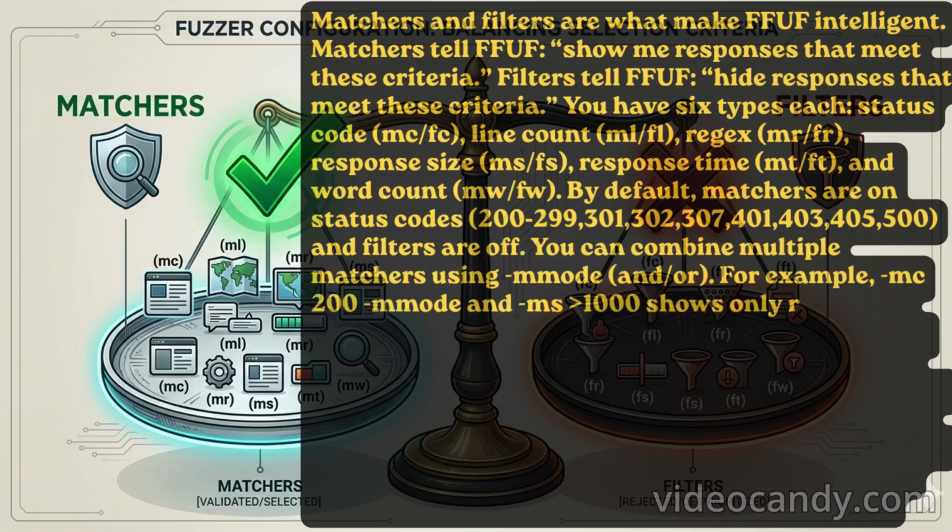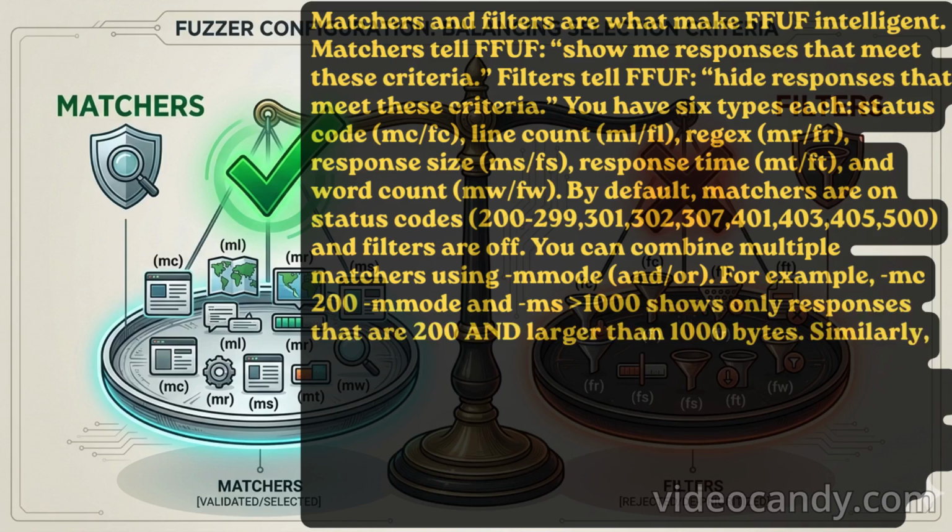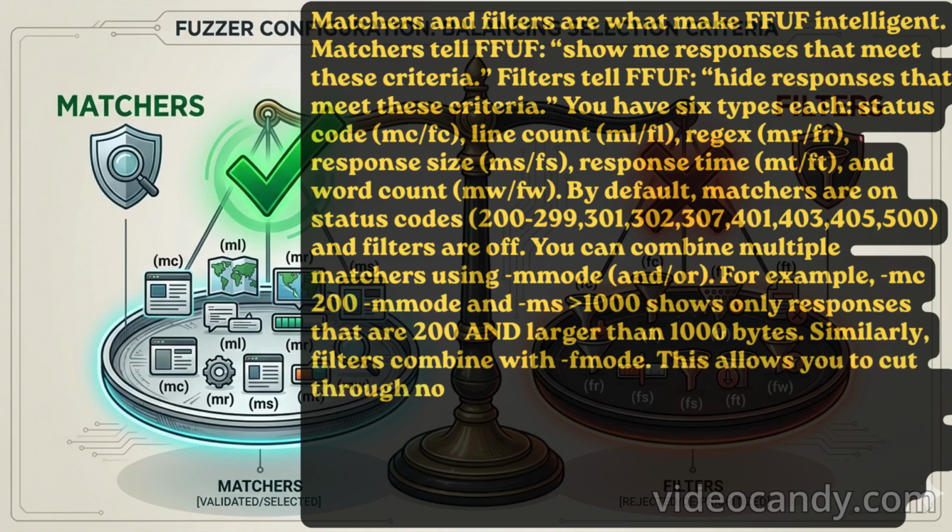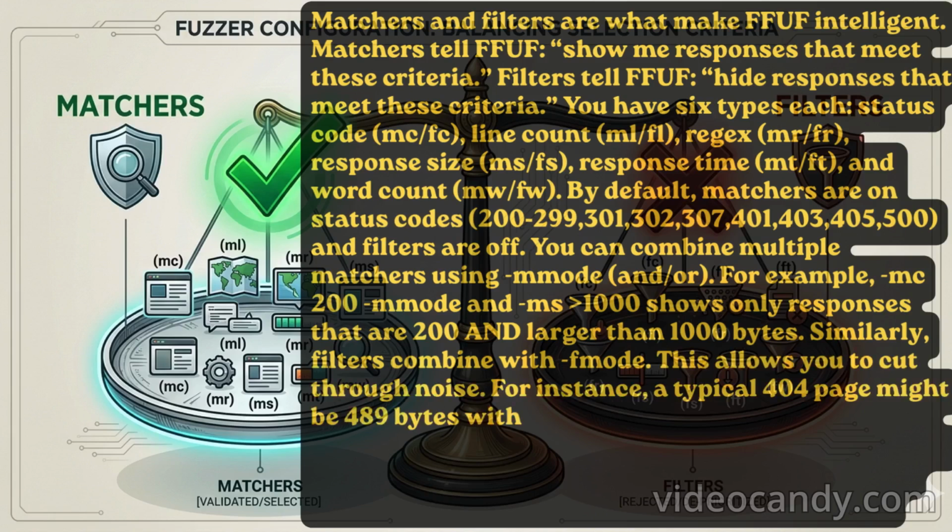You can combine multiple matches using -mode and or. For example, -mc 200 -mode and -ms 1000 shows only responses that are 200 and larger than 1000 bytes. Similarly, filters combine with -fmode. This allows you to cut through noise.